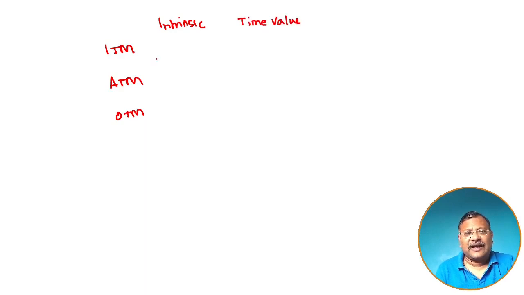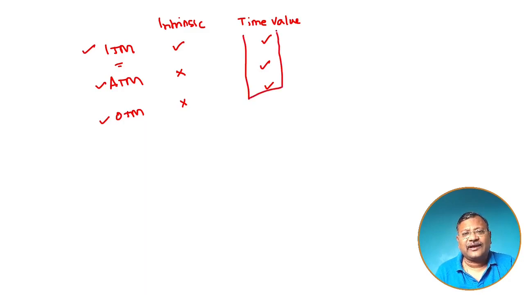Now, as far as an in the money option goes, it will have an intrinsic value and it will have a time value, and that is why an in the money option is always going to be very expensive. Whereas an ATM and OTM option will not have any intrinsic value, but they are all going to have time value, which means all options, whether in the money, at the money, or out of the money, will have time value. And remember, time value erodes with time.